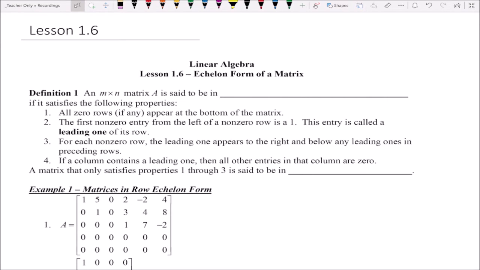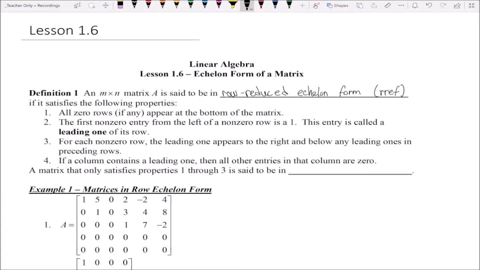An M by N matrix A is said to be in row reduced echelon form, or RREF, if it satisfies the following properties. First, all of the zero rows, if there are any, appear at the bottom of the matrix. Second, the first non-zero entry from the left of a non-zero row is a 1.